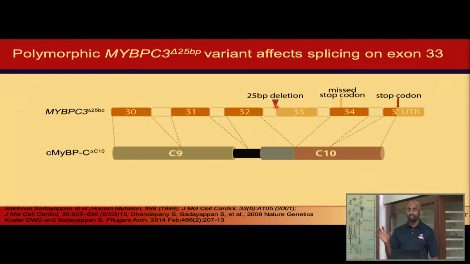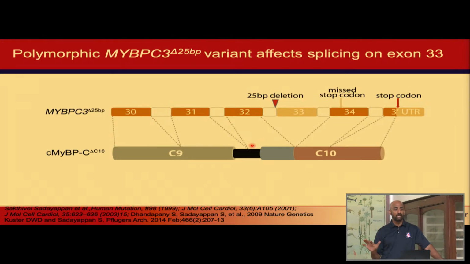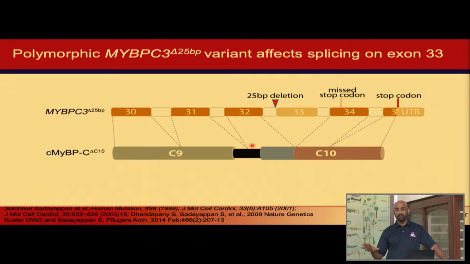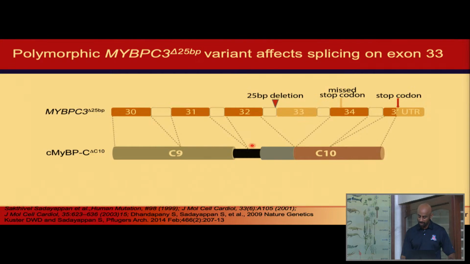So it's not giving you a normal splicing. So you are modifying the C10 domain of the myosin binding protein C. This region is so important for the protein to be properly localized within the sarcomere. If you modify this region, the protein cannot be present in the sarcomere. It will be removed by the ubiquitination system.